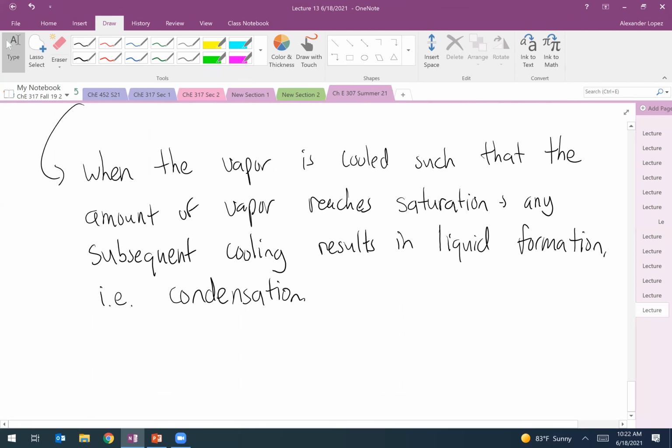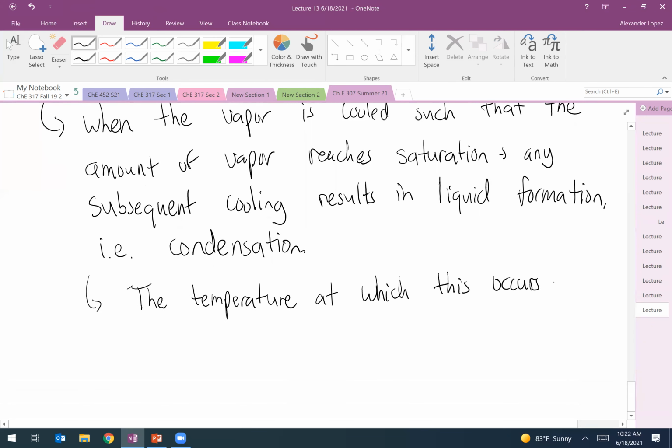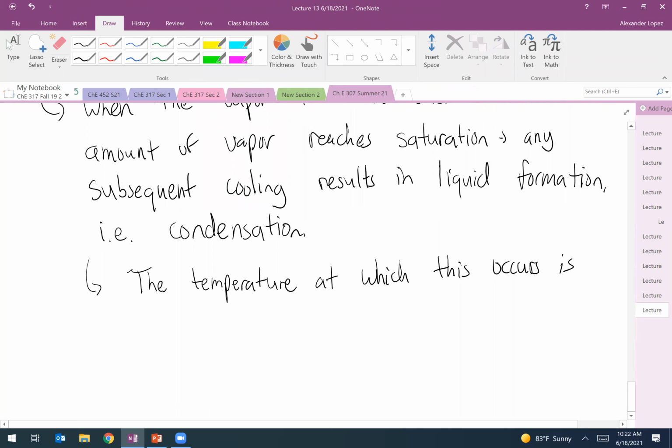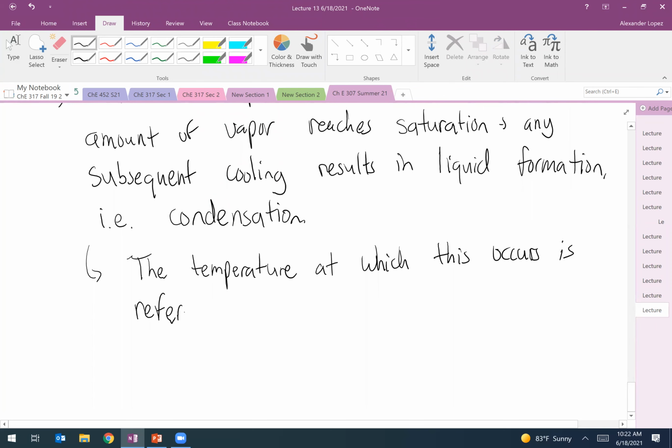The temperature at which this occurs is referred to as the dew point.